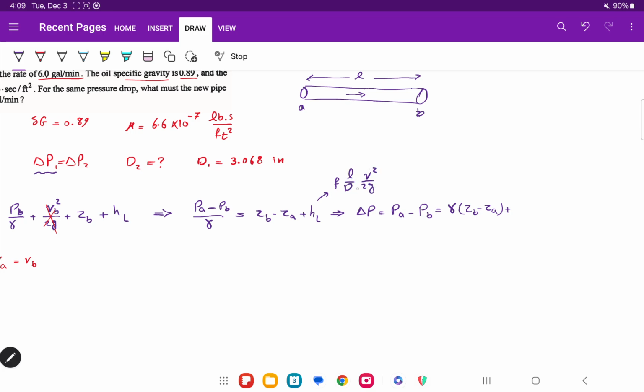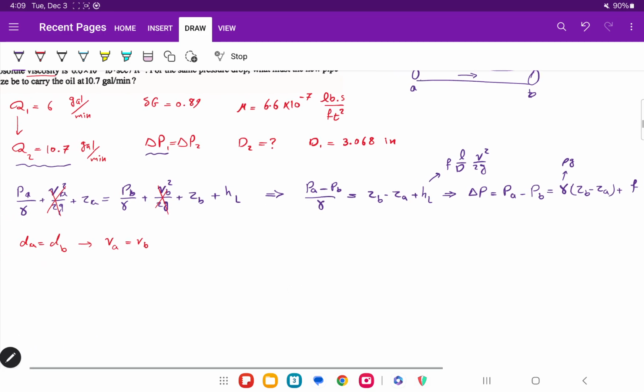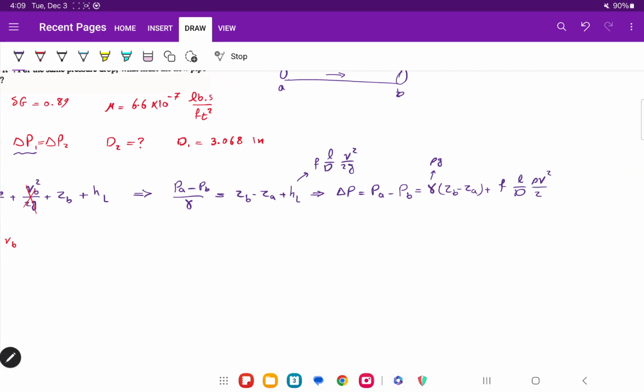If you multiply this by gamma, gamma is rho G, you will have F L over D times rho V square divided by 2. So in conditions 1 and 2, everything is the same except diameter. So L is the same.